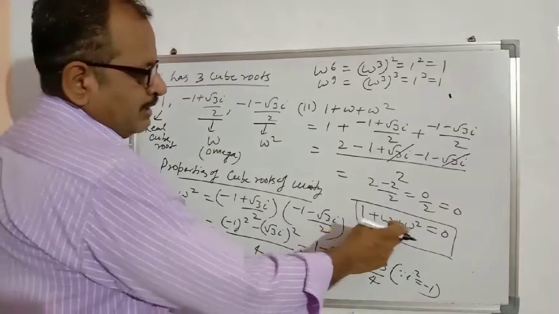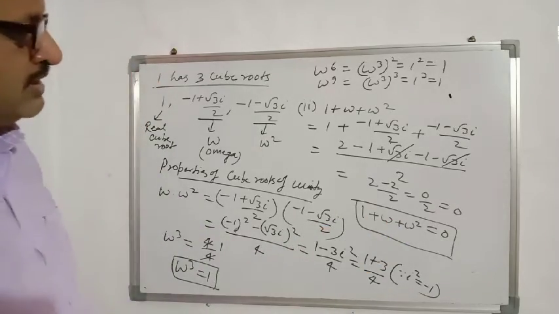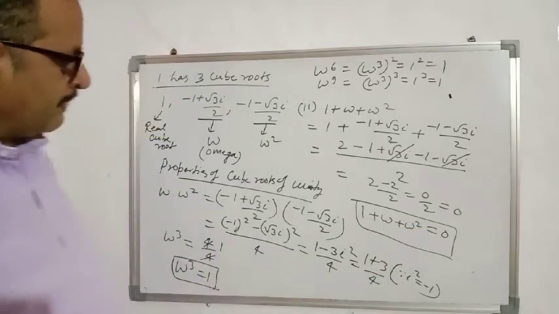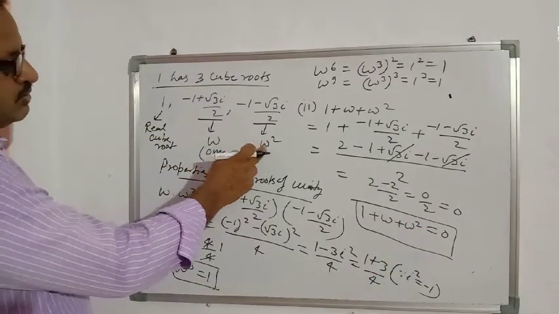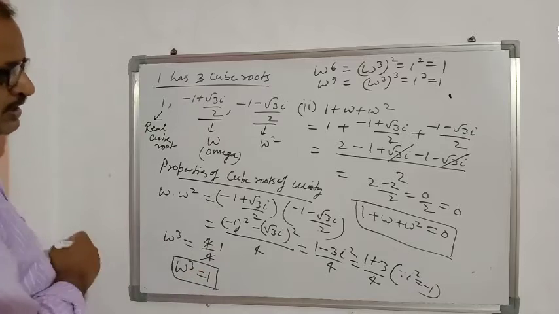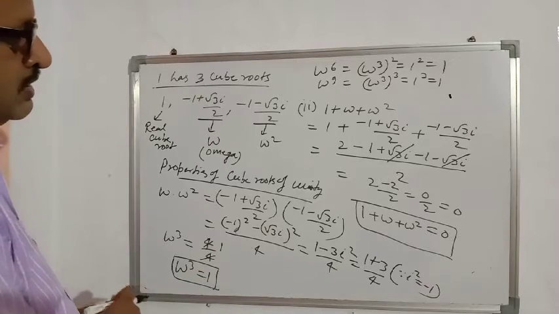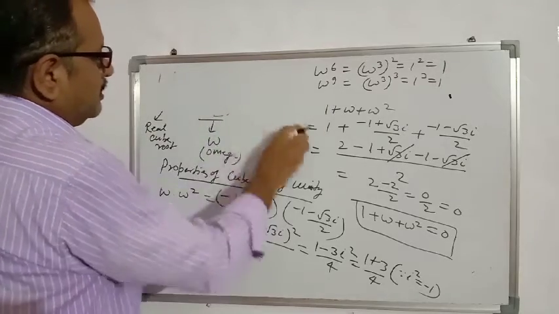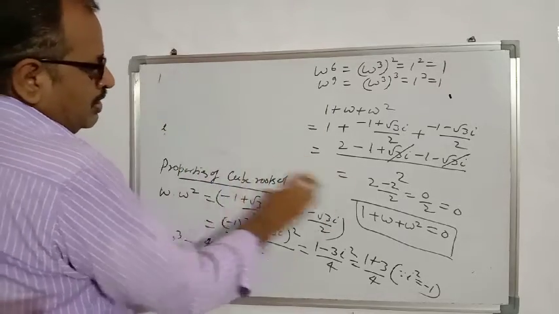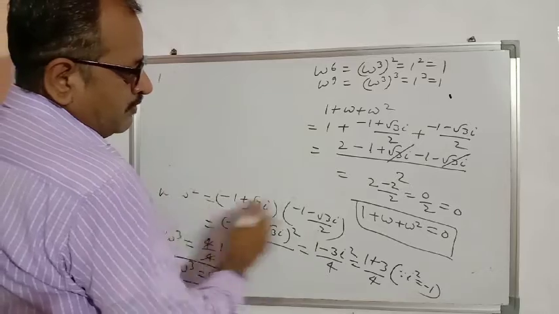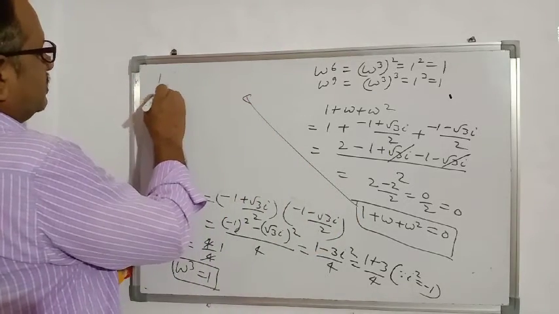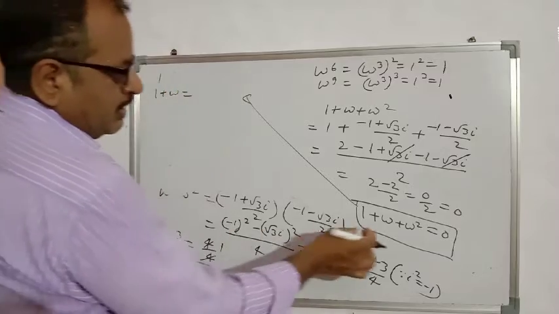1 plus omega plus omega square is equal to 0, which means the sum of all the cube roots of unity is 0, and the product of the complex roots of unity is 1, since omega cube is 1. From here we can write what 1 plus omega will be.